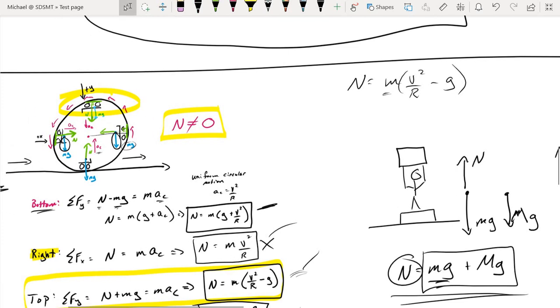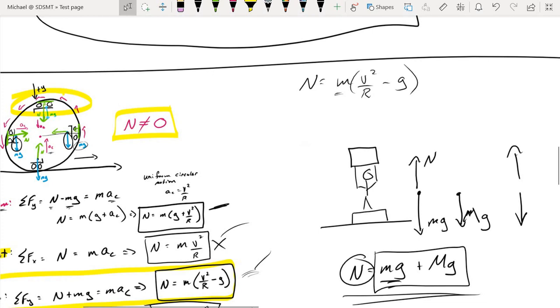All right, well, if we want to safely make it through this loop, then I pose the question, what is the absolute minimum value of normal force that you can have and still remain in contact with the top of the track? And we know that having a normal force that is equal to 0 is going to be bad for us, because that means that we're no longer in contact with the track.